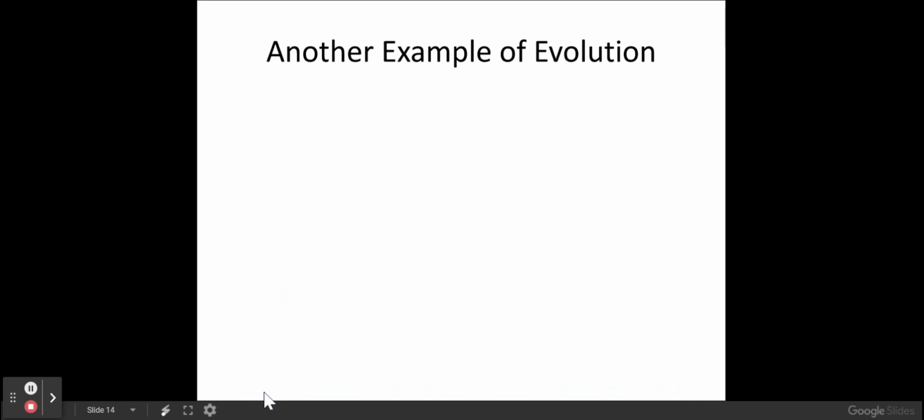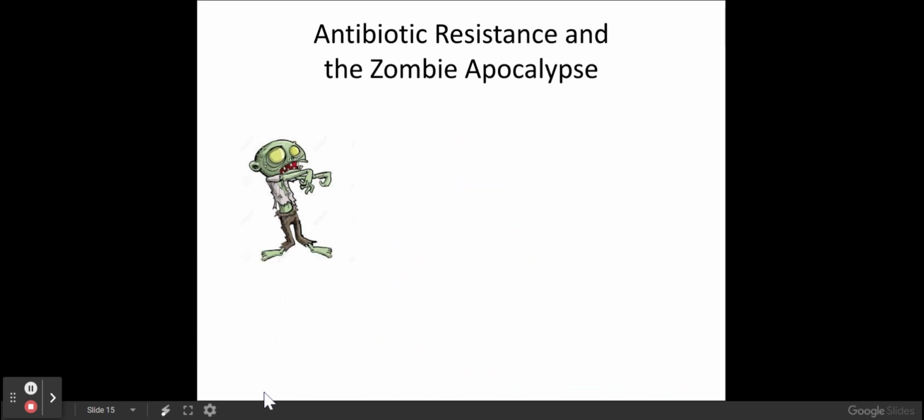All right, another example that might help you kind of internalize this idea of evolution by natural selection. I like to consider the zombie apocalypse. So let's say the zombies come. There's some sort of virus and bacteria, something in the environment. It's turning everybody into zombies. Well, some of us have a gene that makes us resistant to becoming a zombie.